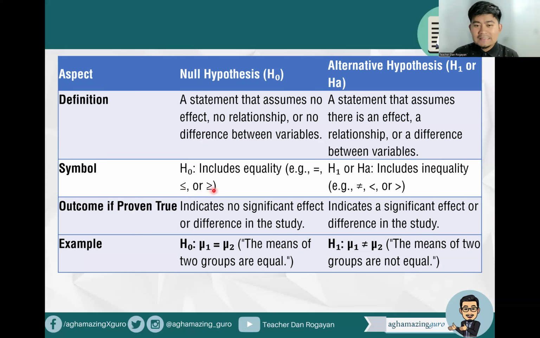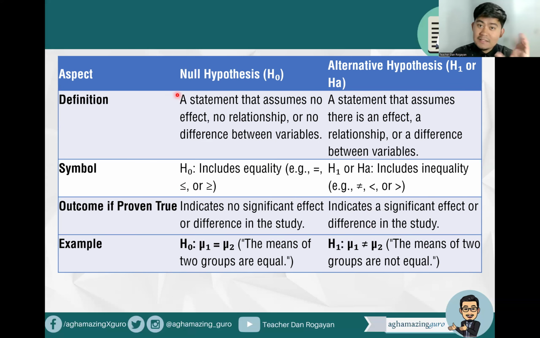The equal sign actually denotes null hypothesis, while inequality signs, not equal, lesser than or greater than, denote alternative hypothesis. Okay, so take note of the symbol. Null indicates no significant effect or difference in the study, no outcome if proven true, while for alternative there is a significant effect or significant difference.